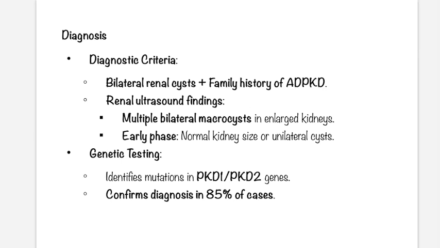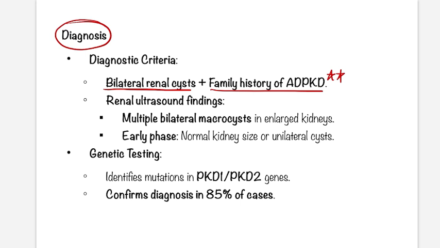Okay, how will you diagnose this condition? Basically, if you do a renal ultrasound and find bilateral renal cysts plus a family history of autosomal dominant polycystic kidney disease, this is important. If we are not able to find this, then it may be a case of autosomal recessive polycystic kidney disease.